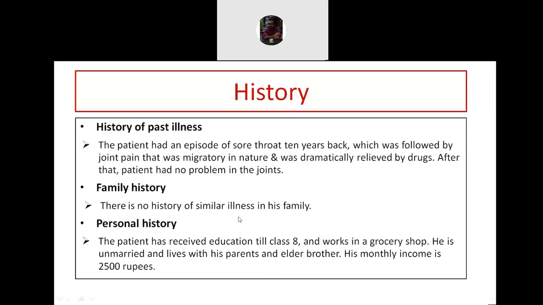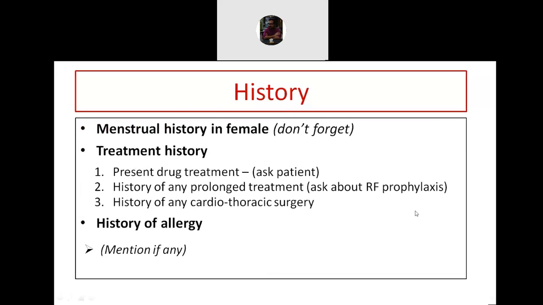The backward features include left atrial congestion, which can lead to left atrial dilation, which can lead to pulmonary venous congestion, which will lead to raised pulmonary capillary wedge pressure, and that leads to pulmonary edema.